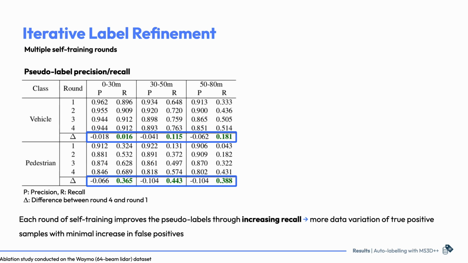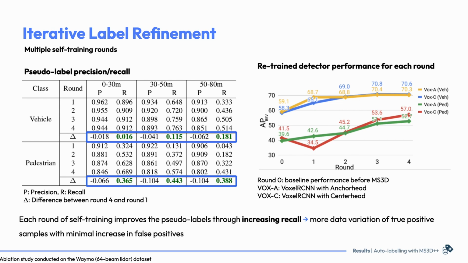It's a small drop. And for the pedestrian, it's quite a large improvement in recall. This is really good in increasing the data variation that we feed to the model without introducing too many false positives. In terms of the retrained detector's performance, we show that for each round, we can generally boost the performance by quite a bit, and you see a large jump in the pedestrians as well.